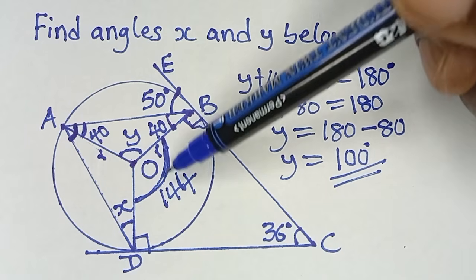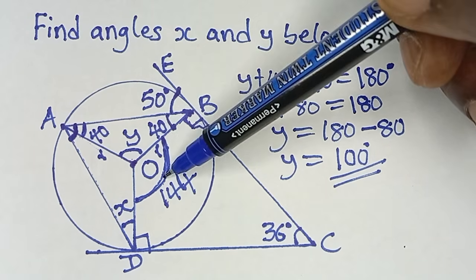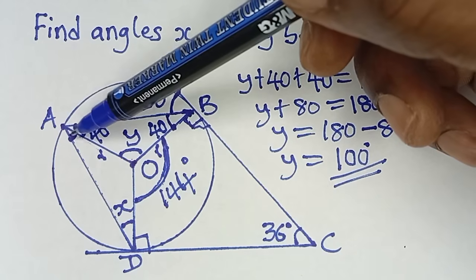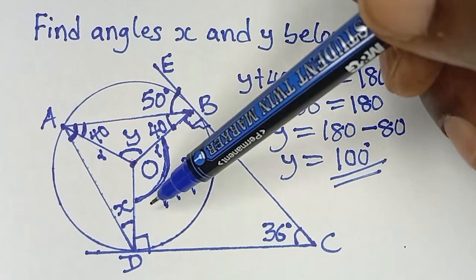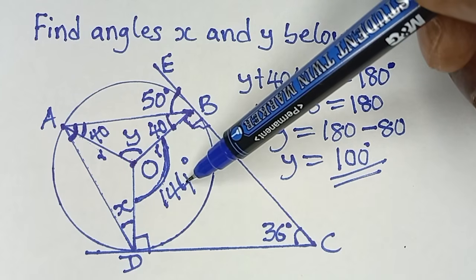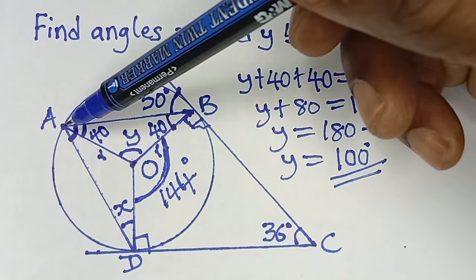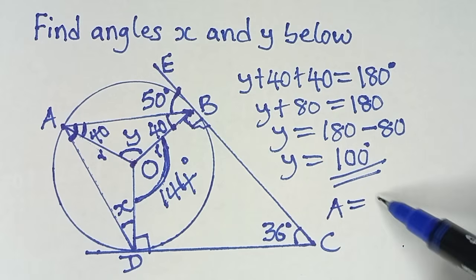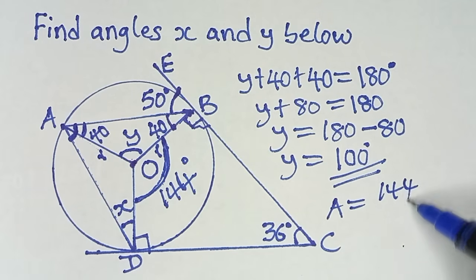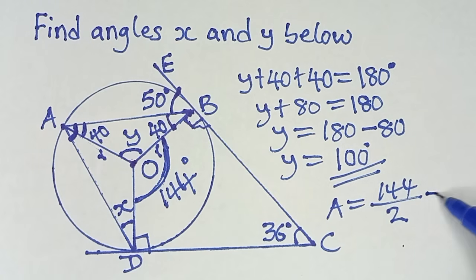So the theorem there says the angle at the center is twice that at the circumference. So for us to get this angle at the circumference now, we are simply going to divide this 144 by 2. So angle A there at the circumference will be equal to 144 divided by 2. And that will give us angle A at 72 degrees.